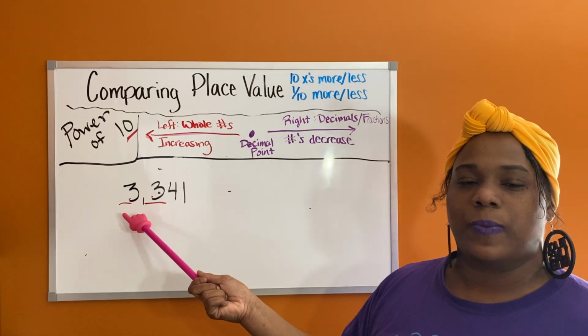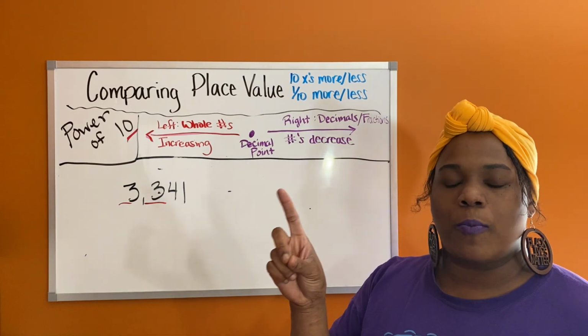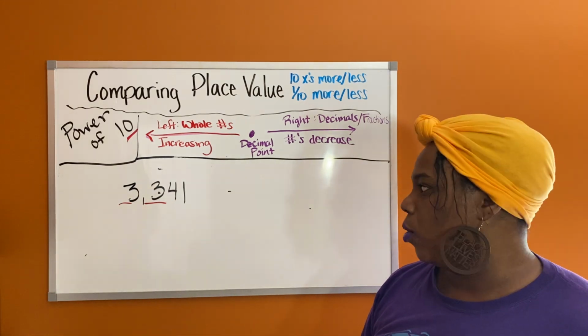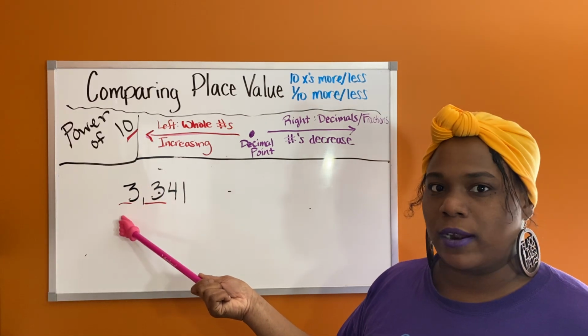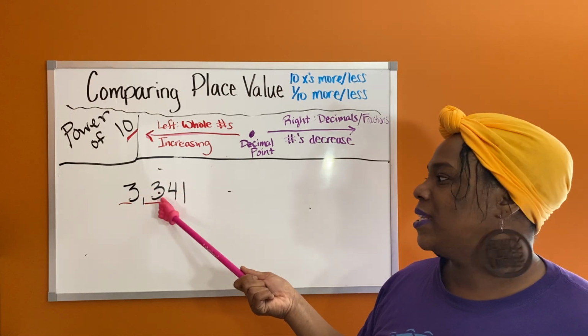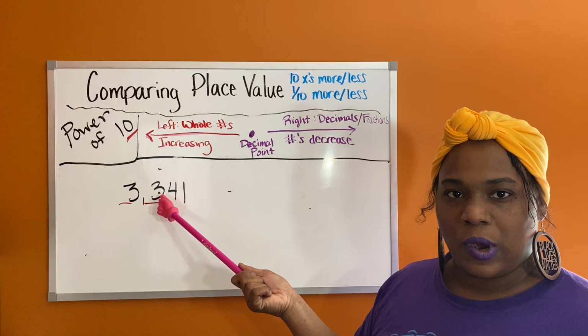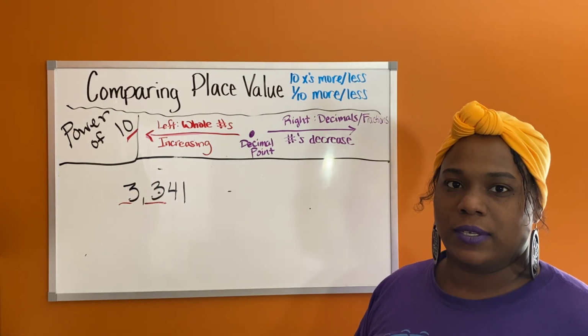This is in the thousands place. The difference between 1,000 and 100 is 1 zero of baggage. So this is 10 times more or 10 times greater than the 3. Or the 3 in the hundreds place is 1/10 or 10 times less than the 3 to its left.